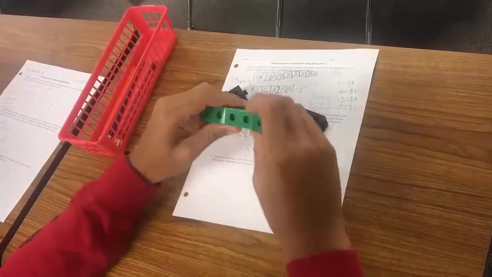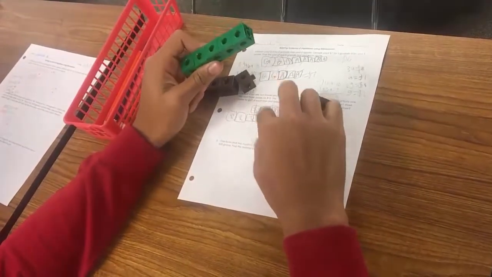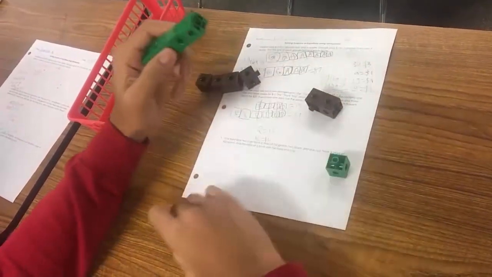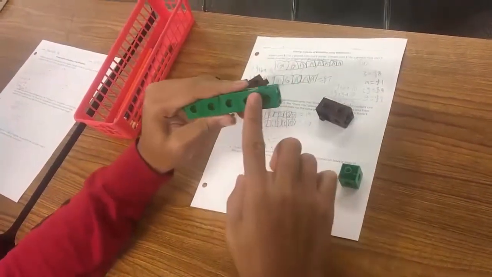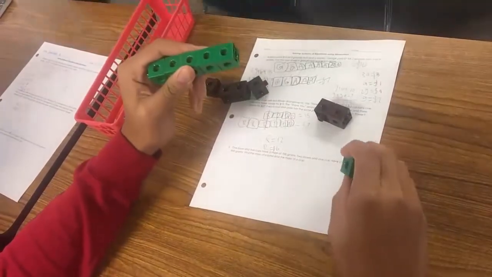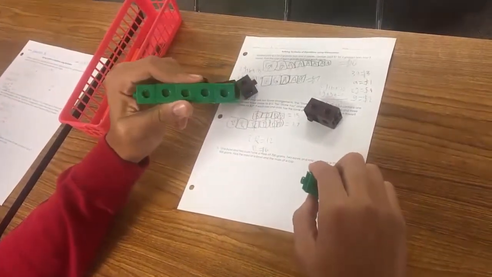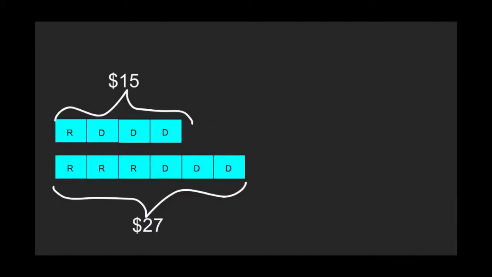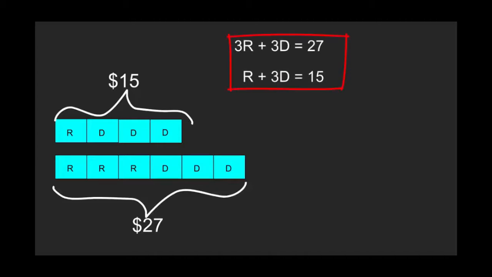As students transition from the representational phase to abstract, be explicit about the conceptual components and how they occur in the algebraic form of solving systems of equations. In this example, 1r plus 3d is equivalent to 15, and 3r plus 3d is equal to 27. This is represented here in the algebraic expression.